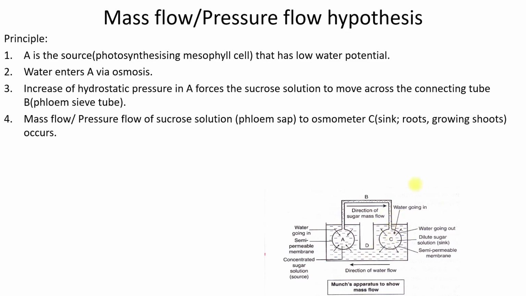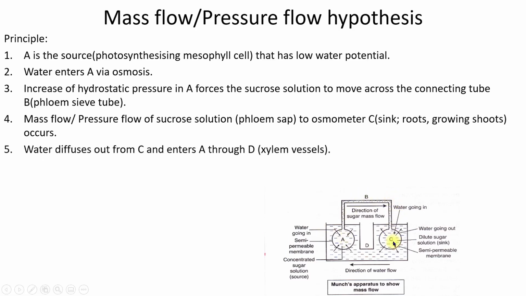So the phloem sap travels from A to B to C. Next, what happens at C? The water will diffuse out from C. You can see here how the water diffuses out from C and enters back to A through D. This is D, and this D is the xylem vessel.